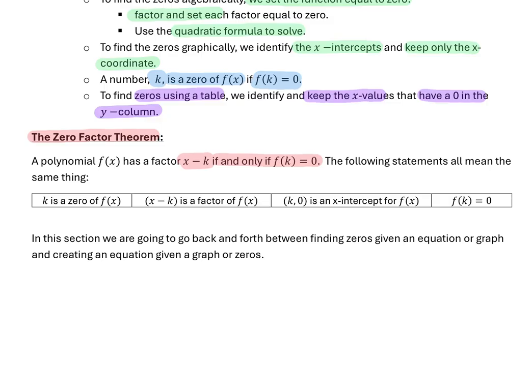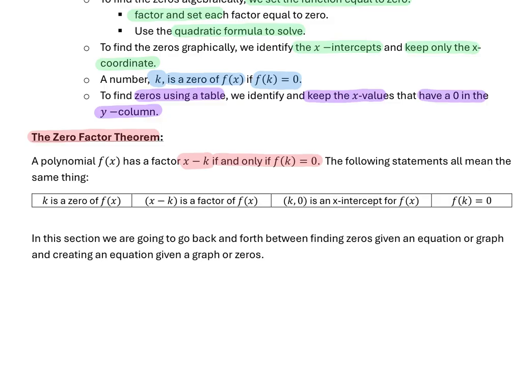This goes back to how we solve algebraically: we set it equal to 0, we factor, we set each factor equal to 0, and we get x equals k. When we say x equals k, we can also say x minus k is a factor, and so these are all synonymous statements.